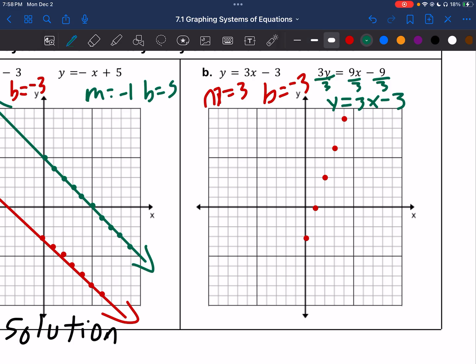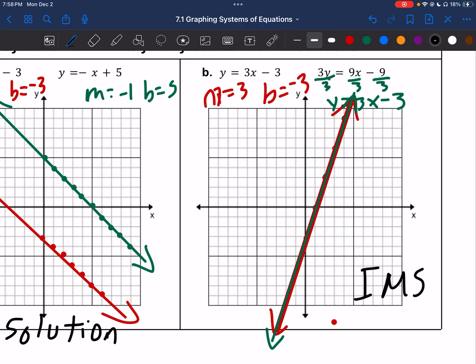So I put my y-intercept at -3, and I'm going up by 3 each and every time. And so what I end up with is, actually we will do that one as the bigger one. So we have that line there, and we have that line there, and you can see they are the same line, so that's infinitely many solutions.